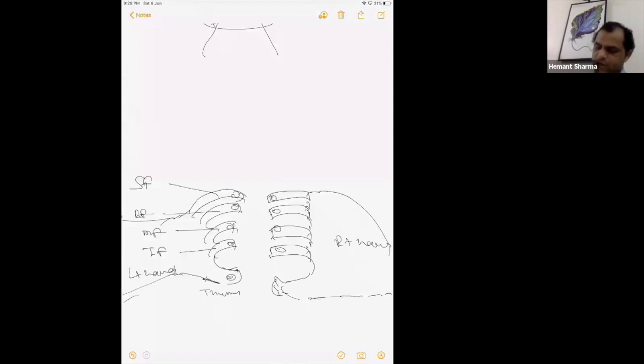So if we unite both the hands together like this, this is the front part. This is the back part of the brain.